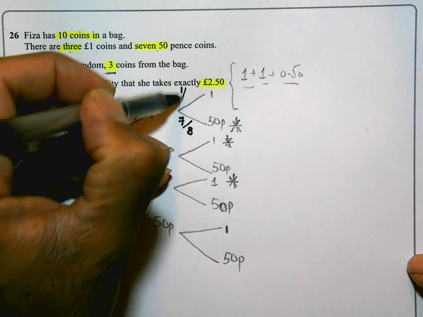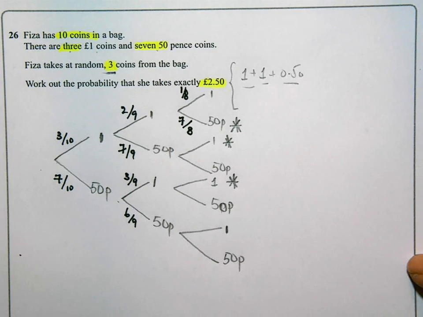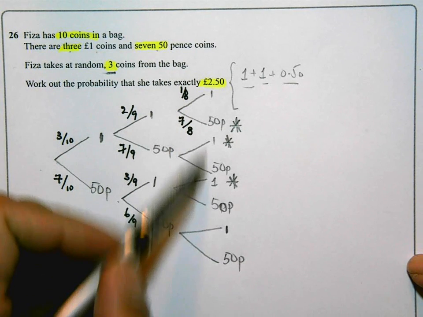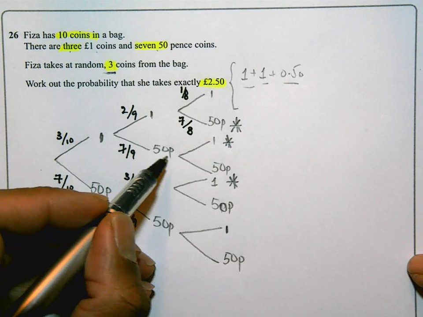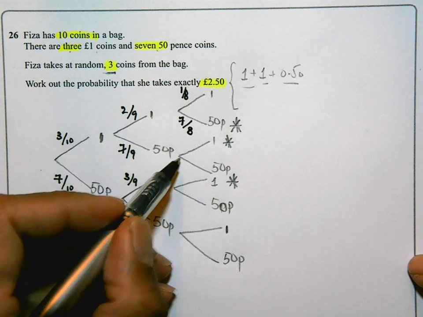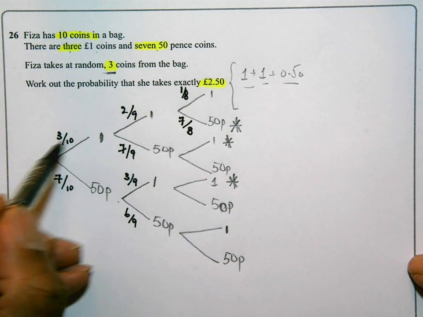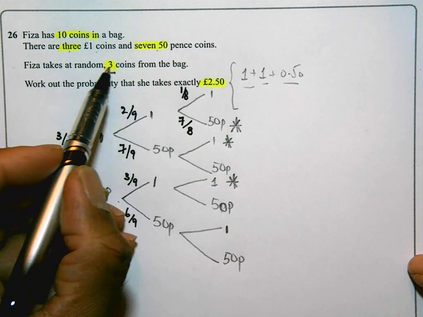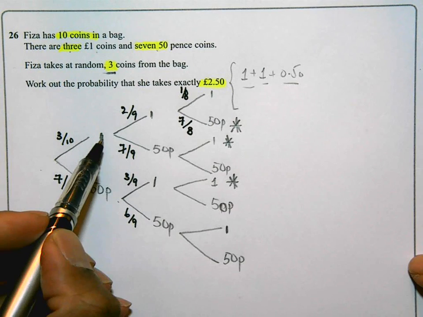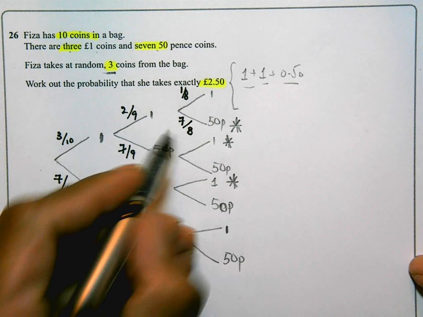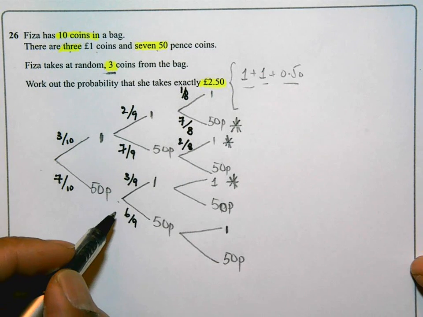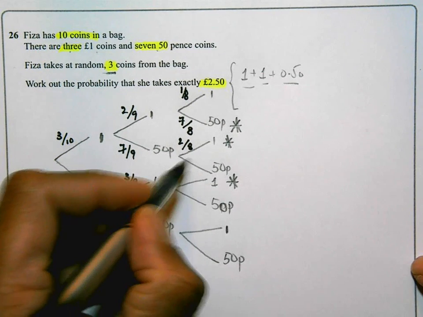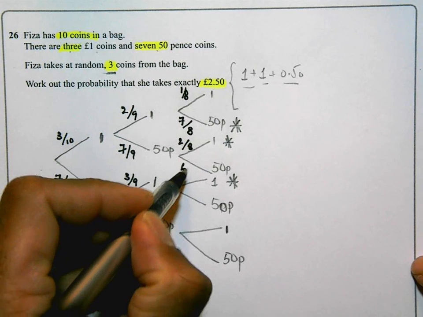For a pound first and a 50p second, what's the probability of picking a pound here? At the beginning there were 3 pound coins. I picked one already, then I picked a 50p, so there are only 2 pound coins left, and I'm picking out of 8 coins, so 2 over 8. And to complete this, it's going to be 6 over 8 for 50p's, as there's 6 50p's in the bag.